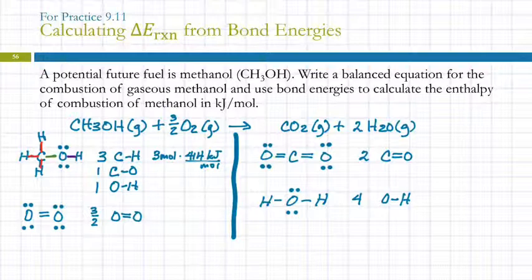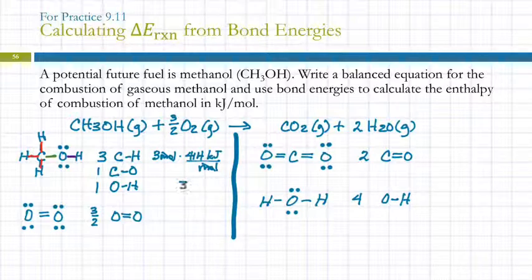Okay, so then you do the math and you look at the units, the moles cancel out. So I'm going to leave the moles out of this because it gets very cluttered and congested here. I have 1 carbon-oxygen bond, 1 mole of them.